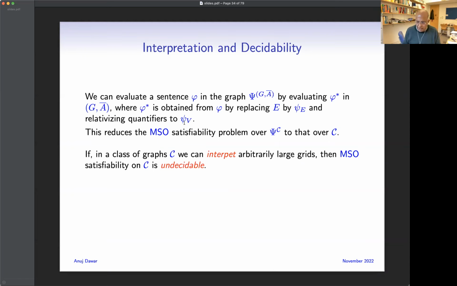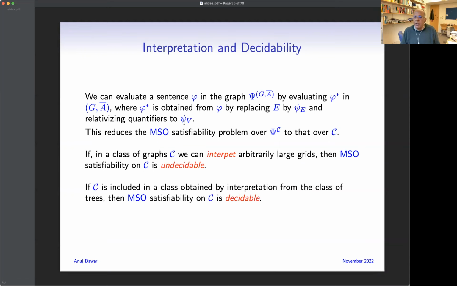Okay. And in the other direction, sorry, I should say, if the class C can be obtained by interpretation from some tractable class like trees, some well-behaved class, then the MSO satisfiability problem on C is decidable.